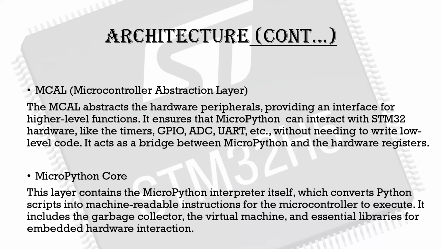The MicroPython, as we discussed, is a layer of MicroPython interpreter, which converts the Python script into machine-readable instructions for the microcontroller, which is going to execute it. And it has a small portion of garbage collector inside.